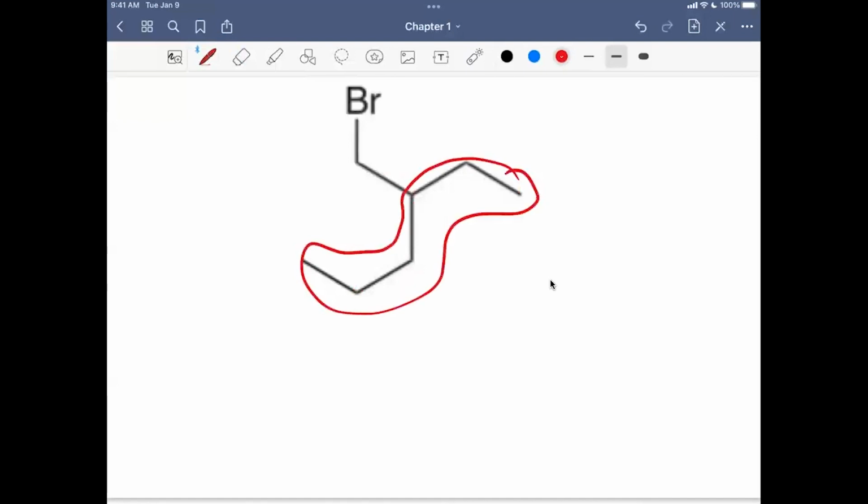And one of the major rules in this chapter is that your parent chain has to include your halogen. So we don't know a name for a substituent that shows a methyl and then a bromine. So you have to start numbering to include this bromine, even though it's not the longest chain of carbons. That's just the way you have to go about it, because that halogen has a far bigger importance than just having the longest chain of carbons.